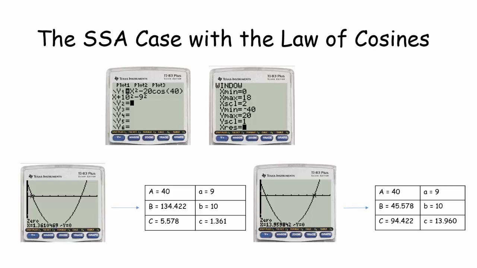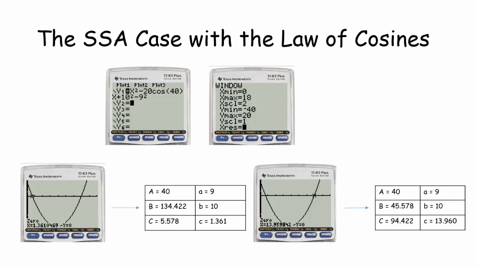Remember, side c that I'm solving for is a side of a triangle, so I made c min 0. Then I had to think about what's probably the maximum that side c is going to be. I just threw an 18 there. I thought side c probably wasn't going to be any bigger than 18, but it's kind of a guess. You might have to play with this window a little bit.